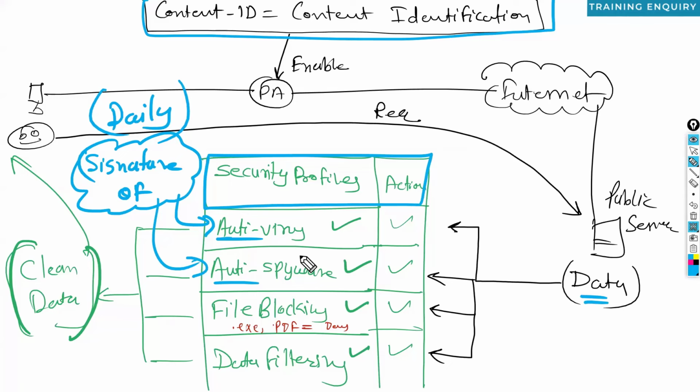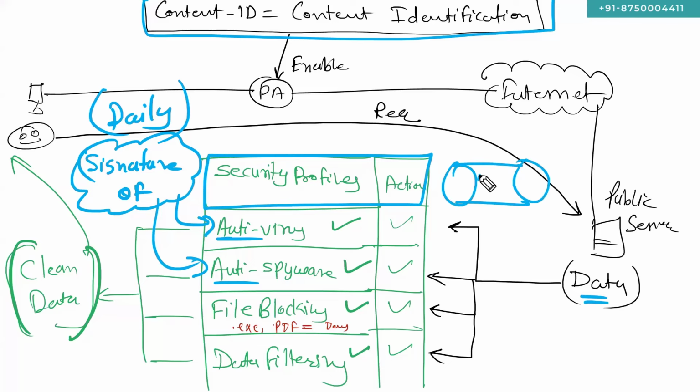And if you want these profiles to work under the SSL tunnel, we have to enable decryption, which we have already discussed. So remember it: if you want the security profile to work under your SSL tunnel, we need to enable decryption on Palo Alto Firewall, which we have already discussed.